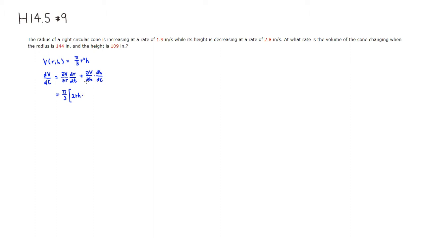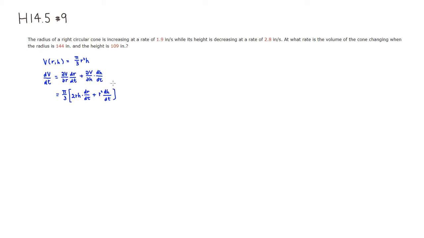Plus, the partial of V with respect to h is simply r squared. That's it, r squared, and then dh over dt. All right, so we got that.